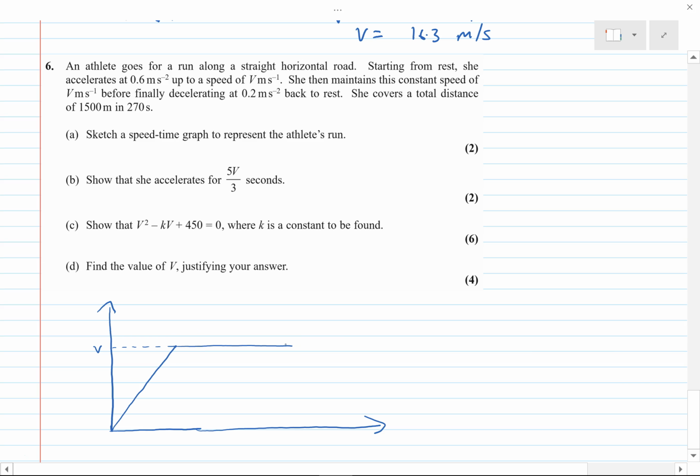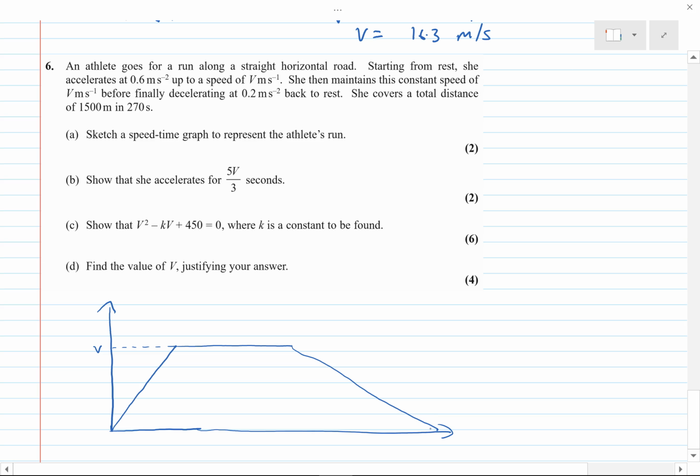for a certain period of time, which is not told, and then decelerates at 0.2 meters per second squared. So in other words, it reduces at a slower rate than it increased. Okay, let's make it a bit more. There we go.